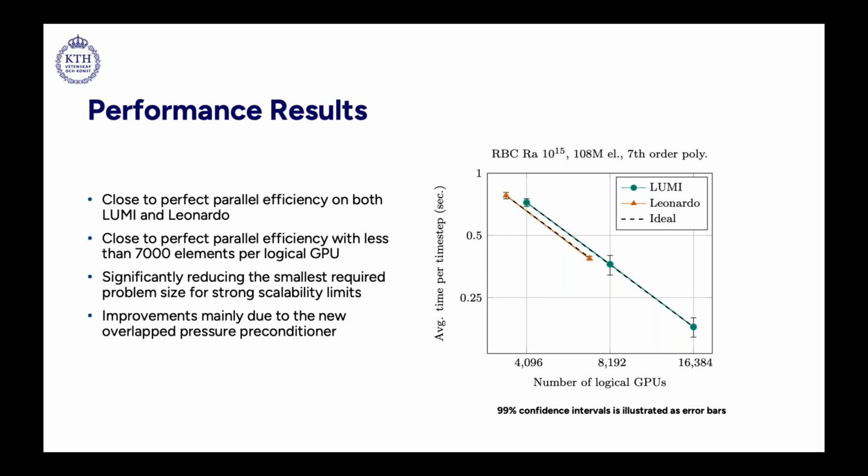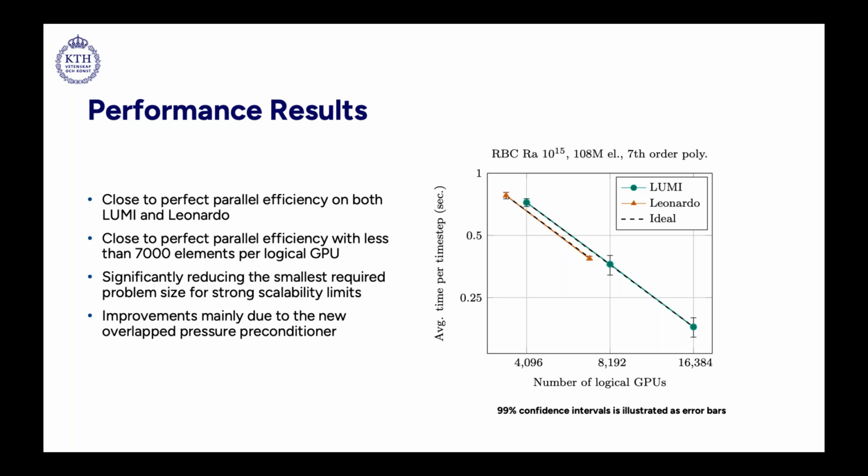More interestingly, we managed to reduce the number of elements we need per GPU to run efficiently. On the pre-study on LUMI, we needed around 15,000 or 10,000 elements per GPU to run at 80% efficiency. Now we can get it down to 7,000 elements per GPU and get close to 100% efficiency at scale.